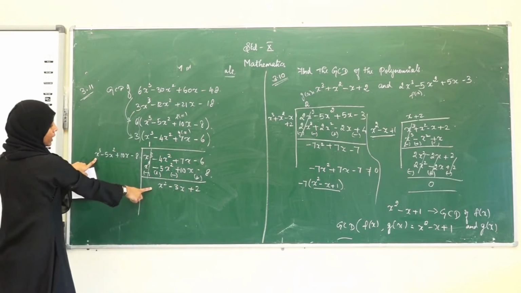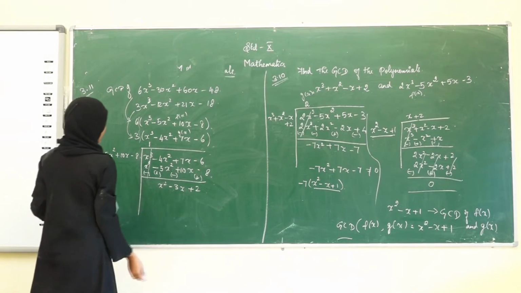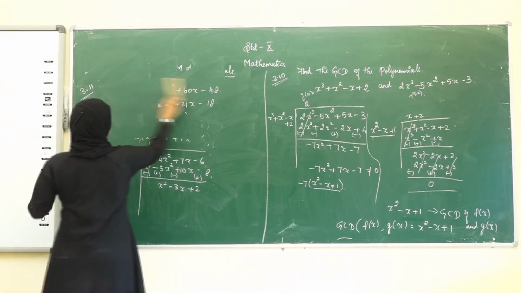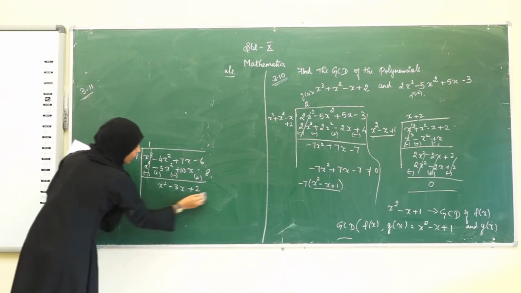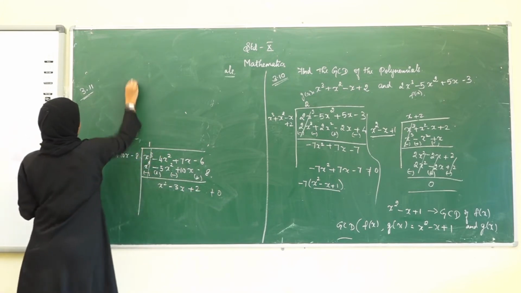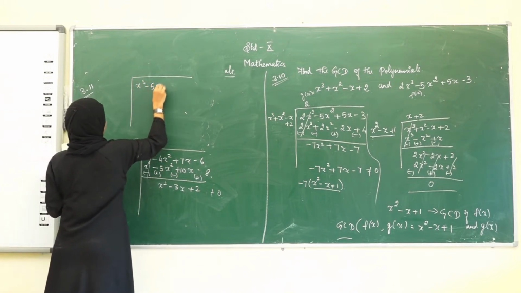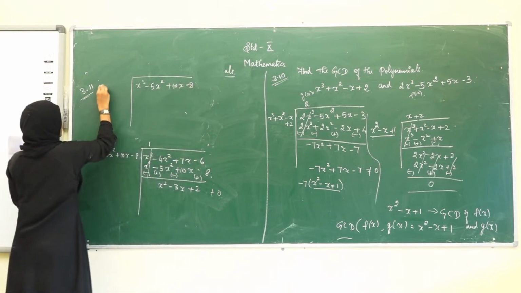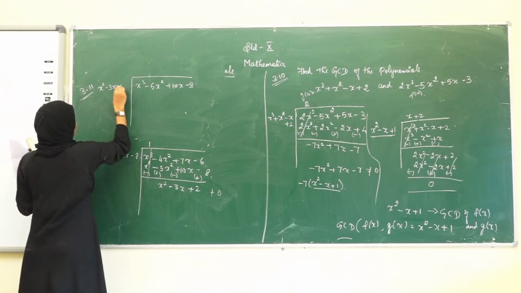See, consider these two terms. Here the degree is greater and here the degree is smaller. So what we do is, see, this is not equal to 0. Again we divide x cube minus 5x square plus 10x minus 8 by x square minus 3x plus 2.